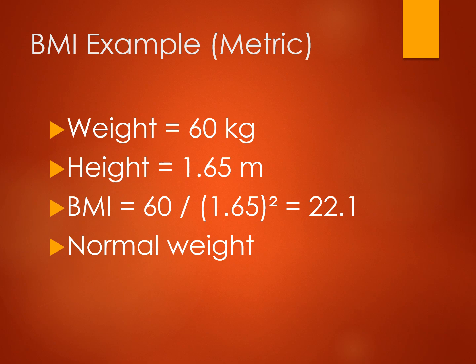So you have 60 over 1.65 squared, because that's the demand of the formula, which will give you 22.1. In reference to the ranges, 22.1 falls within normal weight. So you know this individual has a normal weight and is not obese.